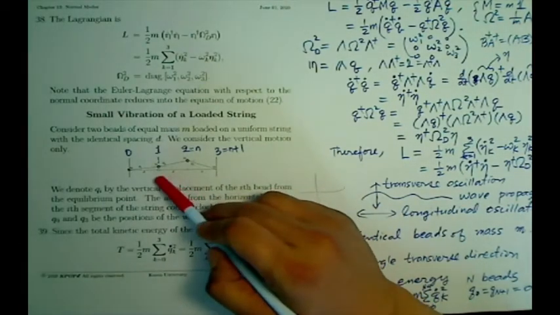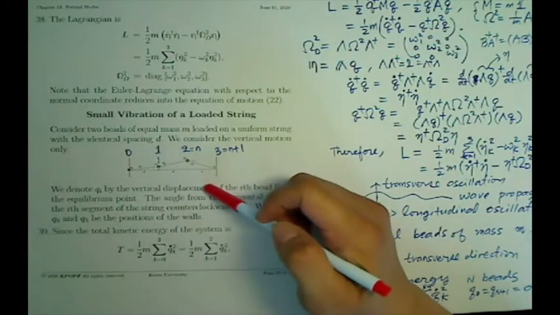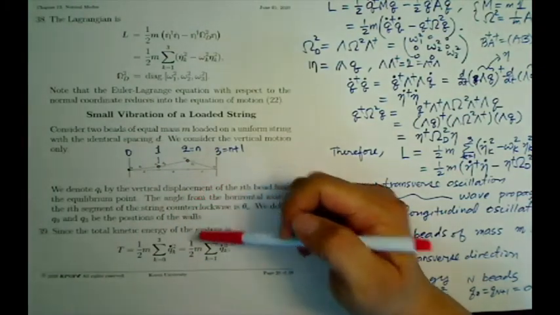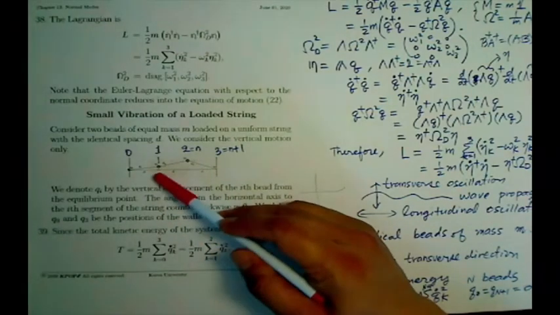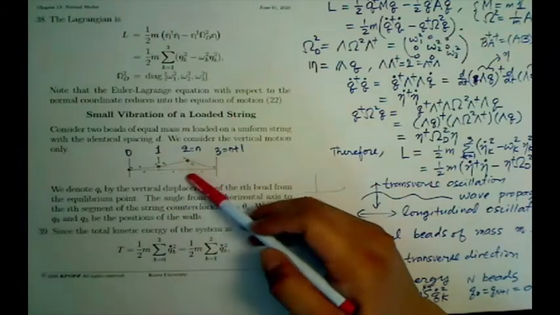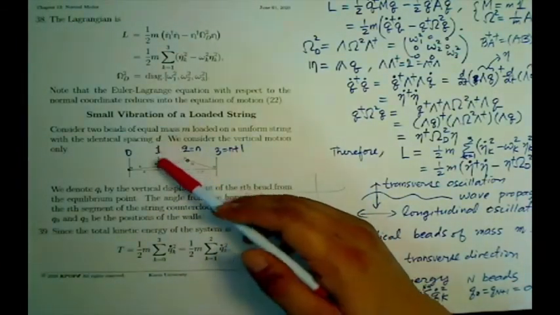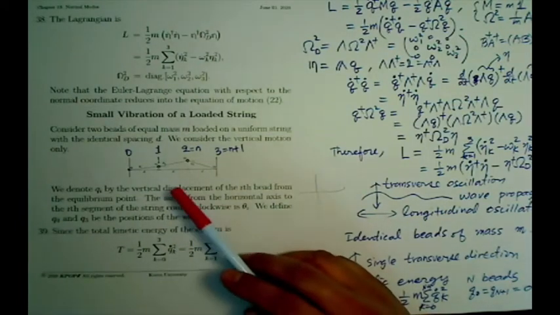For example, for the simplest case, two massive particles loaded on a string of tension tau. The spacing of two adjacent beads is all equal, with magnitude d, and we have identical mass small m.